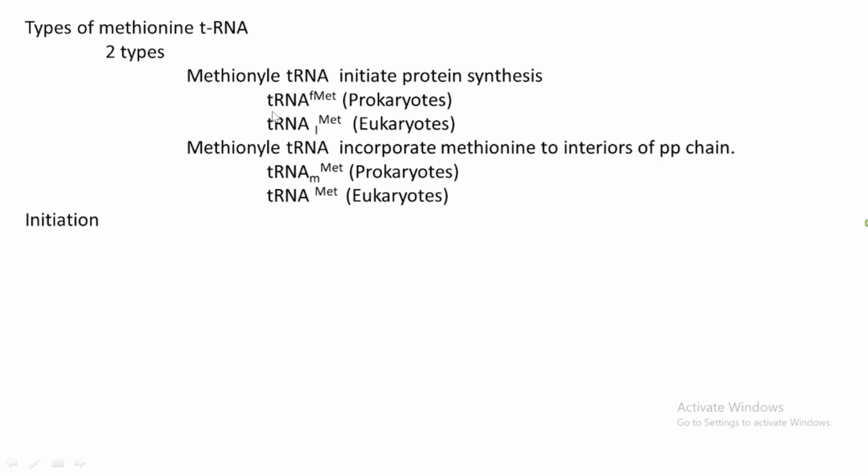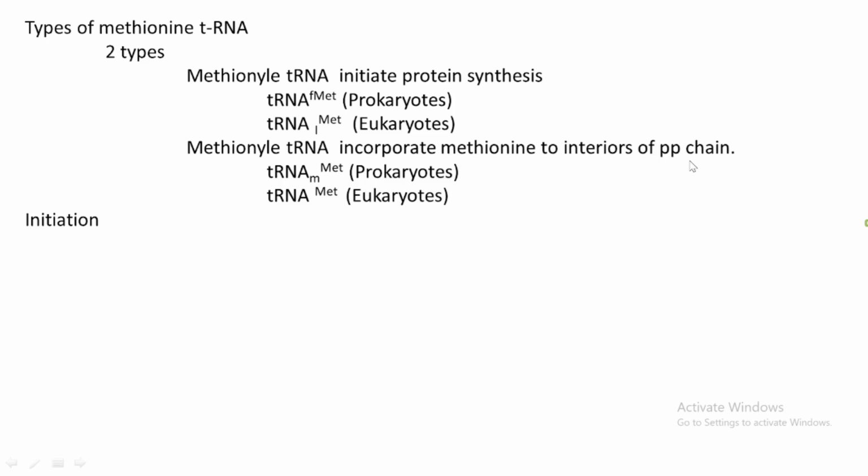Then there is another methionine tRNA. What is its peculiarity? That methionine tRNA incorporates the methionine amino acid not in the beginning but in the interior regions of the polypeptide chain, and those amino acids will not get removed.